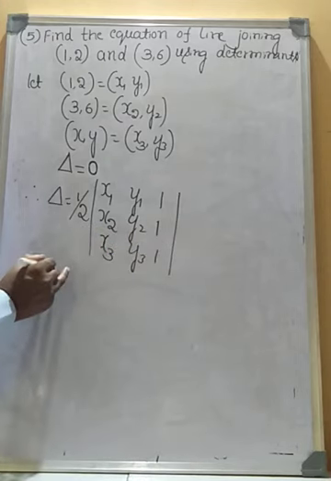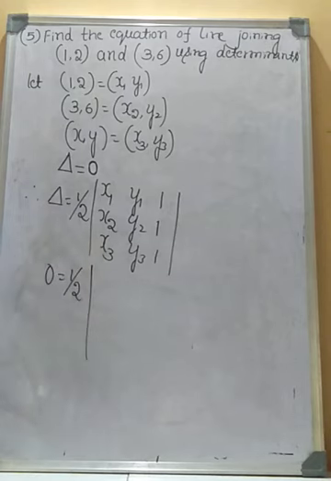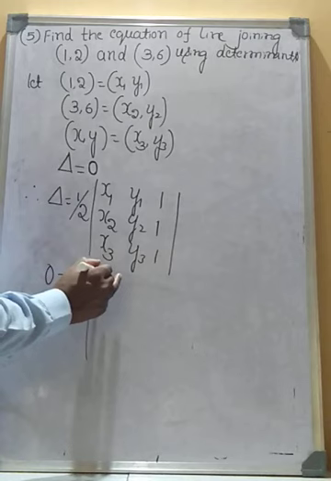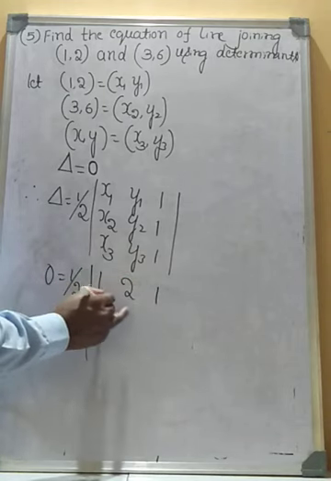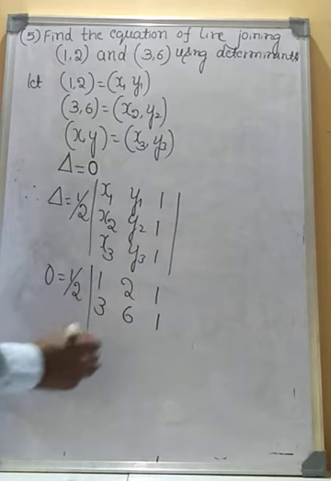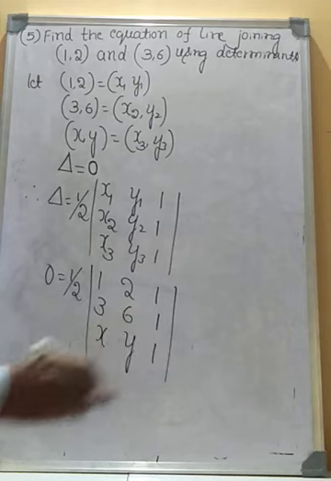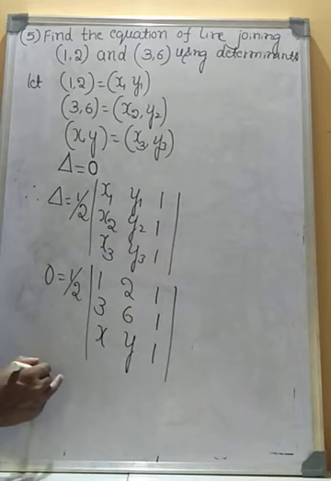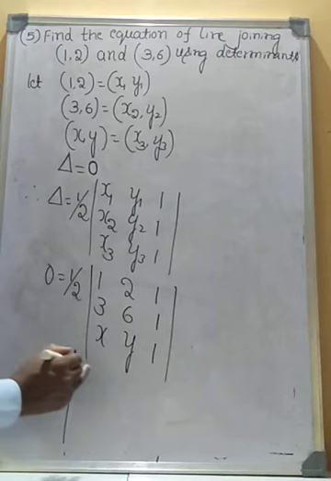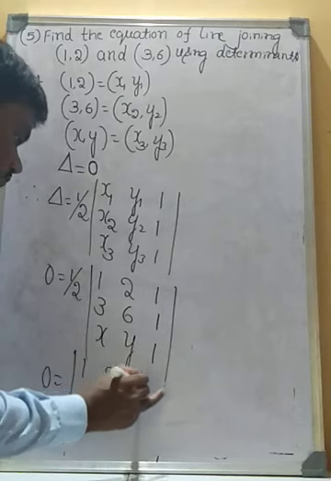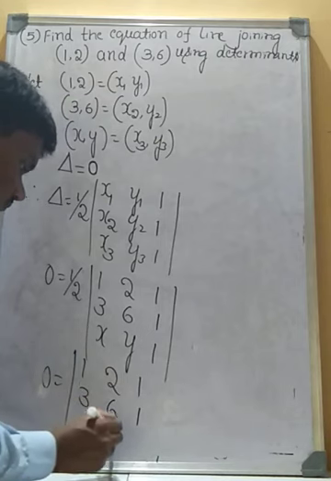Delta is 0, so 1 divided by 2 determinant of 1 2 1, 3 6 1, x y 1. By cross multiplying, 0 is equal to determinant of 1 2 1, 3 6 1, x y 1.